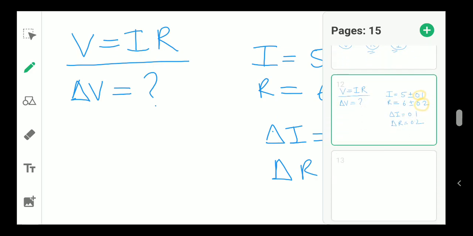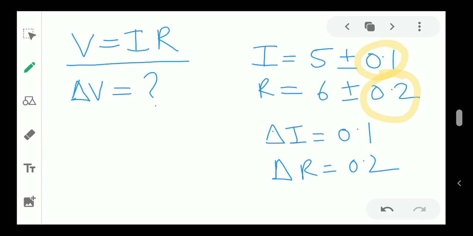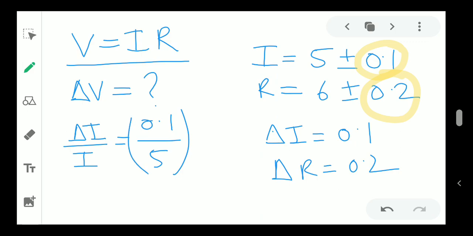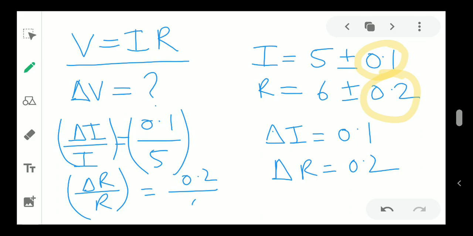So first of all I have to find delta I by I, that is 0.1 by 5. This is my relative uncertainty, and also I have to find delta R by R, so that will be 0.2 by 6.